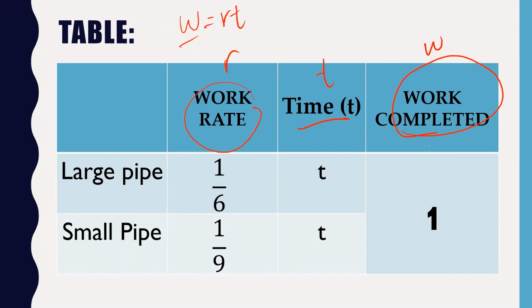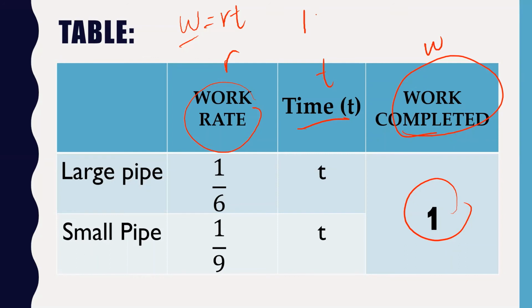Remember, the work completed is already 1 kasi isang pool lang ang kailangan natin i-empty. Therefore, to get the work rate, we're going to substitute the W with 1 because the goal is to empty the pool.